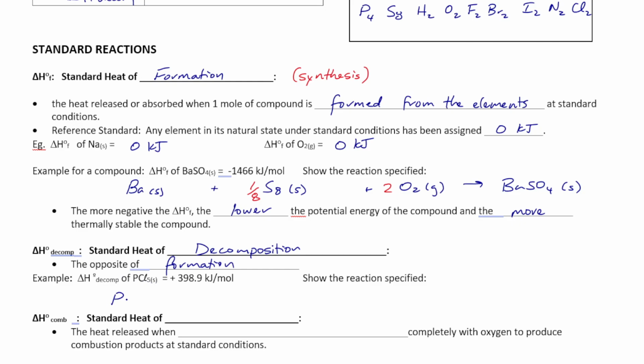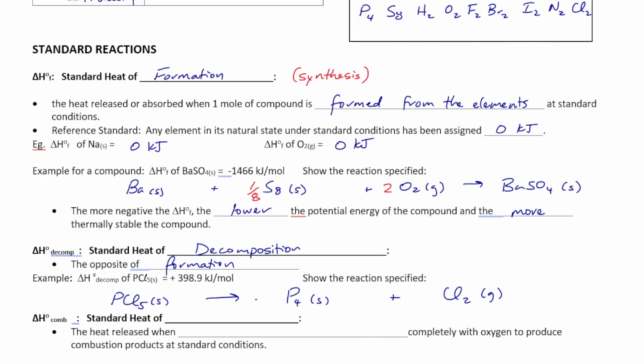We'd have PCl5 as a solid, and it's going to break up into phosphorus and chlorine gas. We can see that the heat of decomposition is 398.9 kilojoules per mole. So for every 1 mole of PCl5 that is decomposed, this is how much heat is required to decompose 1 mole of this into its elements.